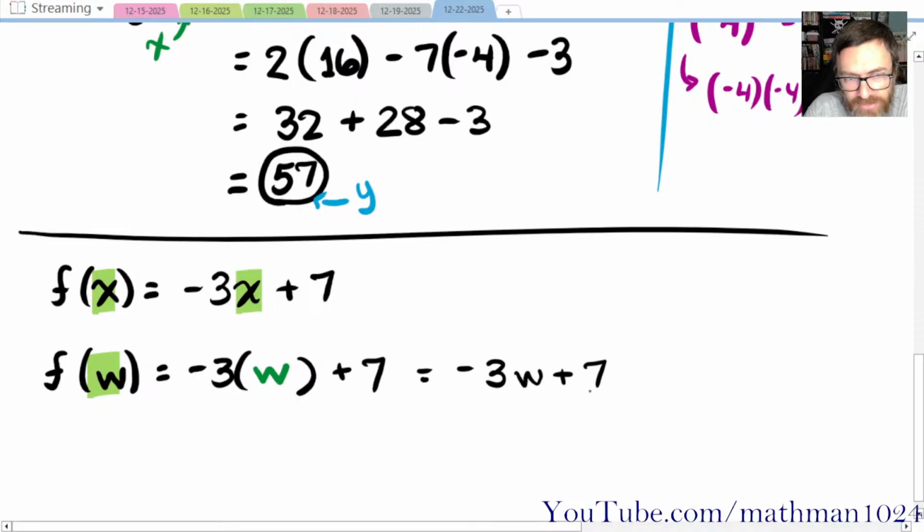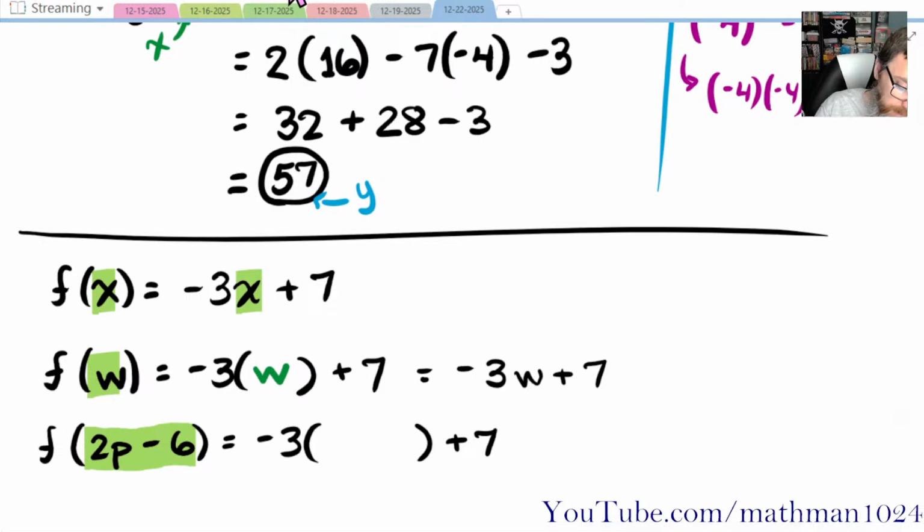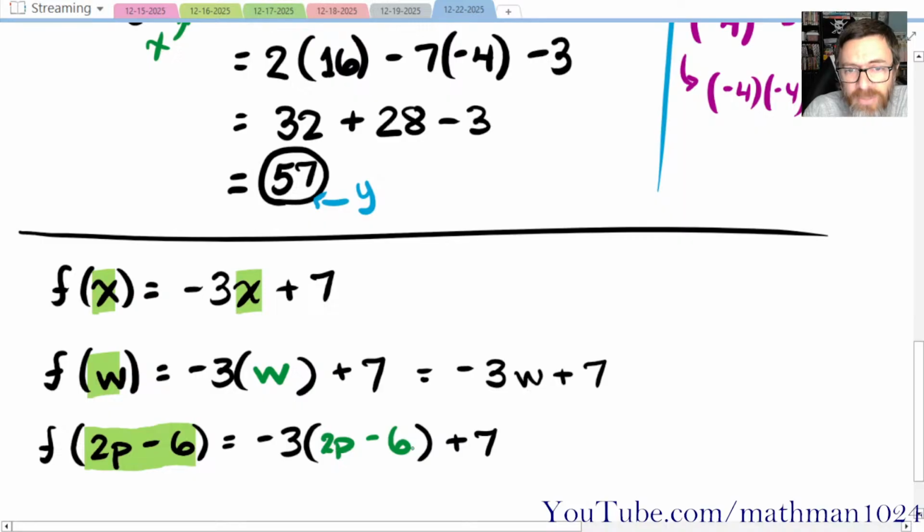Nothing really special. Now if I say, what is f of 2p minus 6? Well, this whole expression is now my input. So using the function f defined above, it's negative 3 parentheses plus 7. My input isn't a single number, but it is an expression.